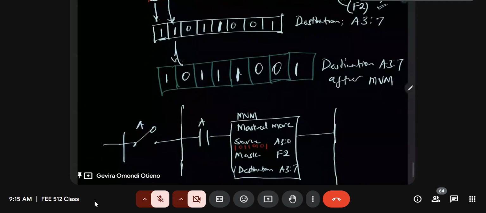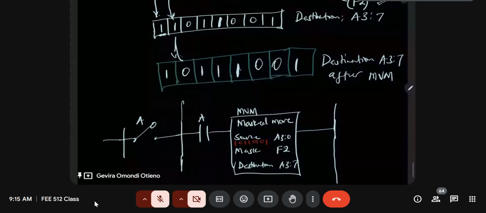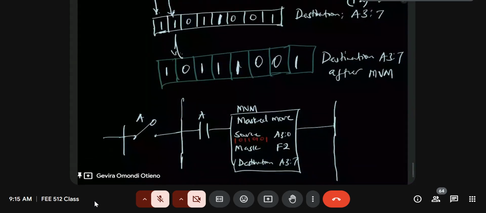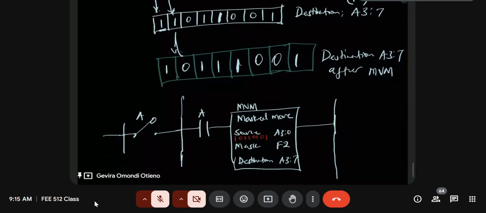And then the destination, before the mask happens, we had 11011001. So after the masked move has been executed, that's when you will see what the output shows.